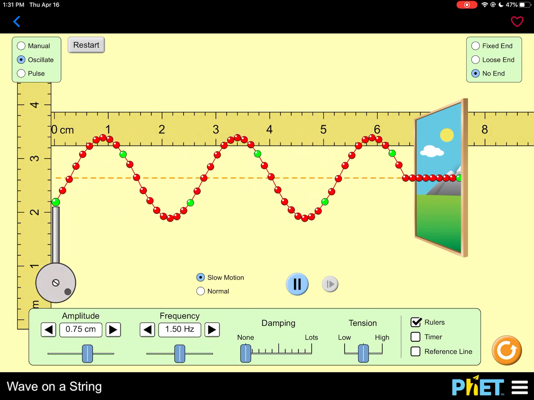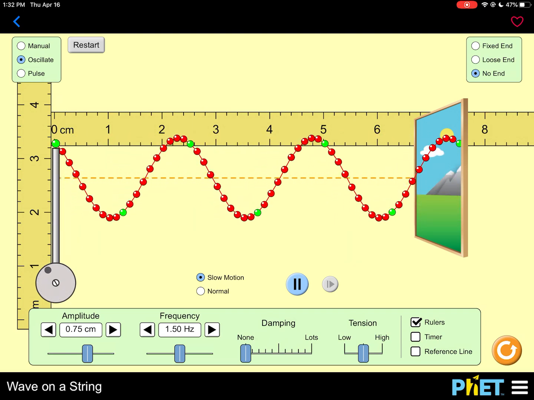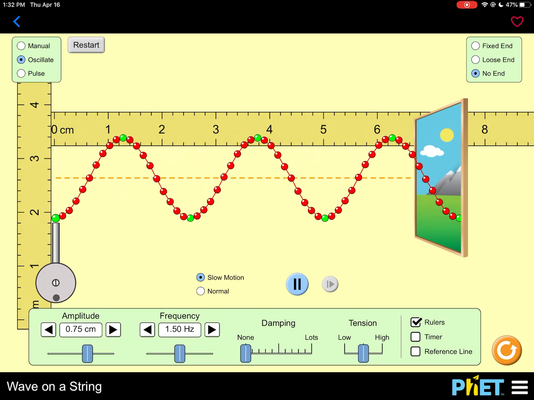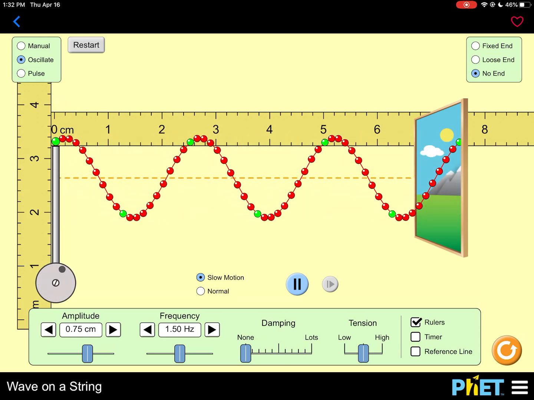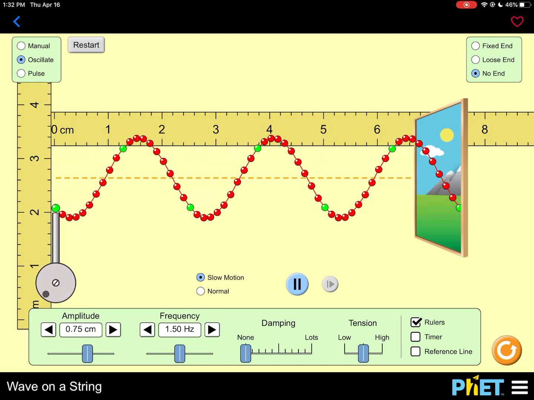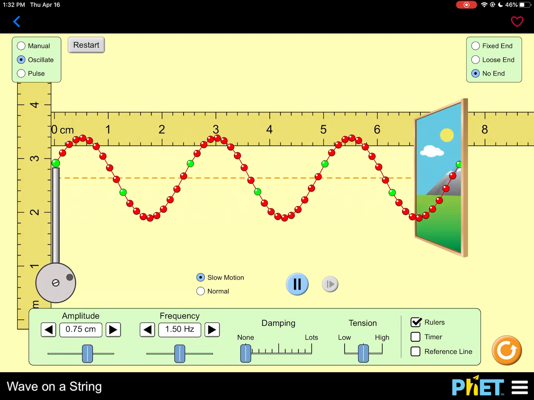You can see that what we're going to call the oscillator on the left there, as it moves, moves the string of beads up and down. There's a green dot on the top of that oscillator, and that's at 0 centimeters. So that is what we are going to use as our starting point when we measure wavelength.